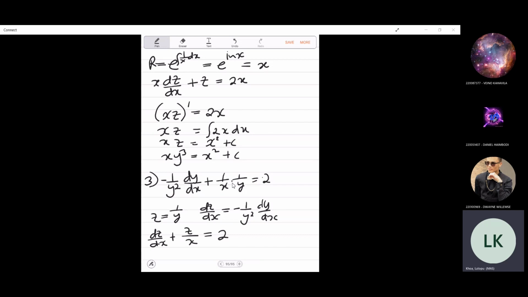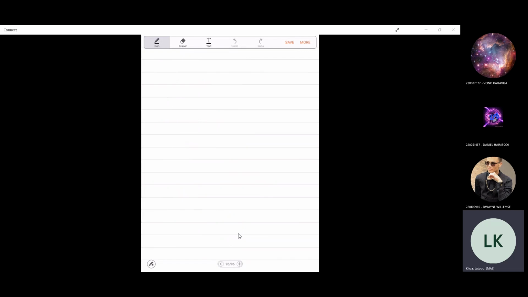And again, now it is linear. We just need our integration factor, e to the power of the integral of 1 over x dx, e to the power of ln of x, which is x. So multiply everything by x. We have x dz/dx plus z is equal to 2x.